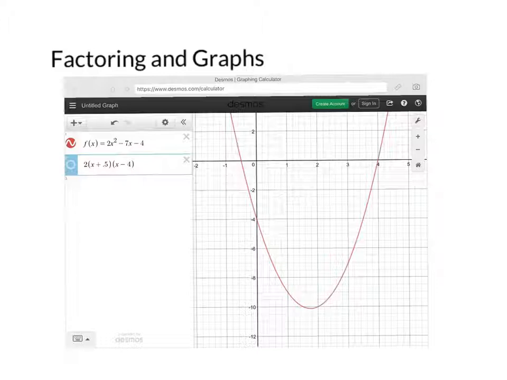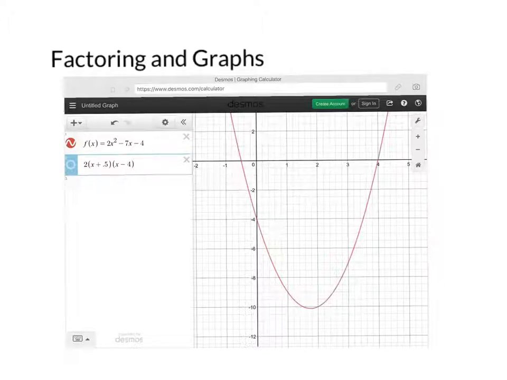So this is part of an exploratory video, and what we're going to see when we move into polynomials, we're going to see more formally how the factors of a polynomial are related to the zeros. So this is setting us up for the future, and I hope this gives you some insight into the connection between why we factor and how we can use graphs to help us factor, and how we can use factoring to inform our graphing.